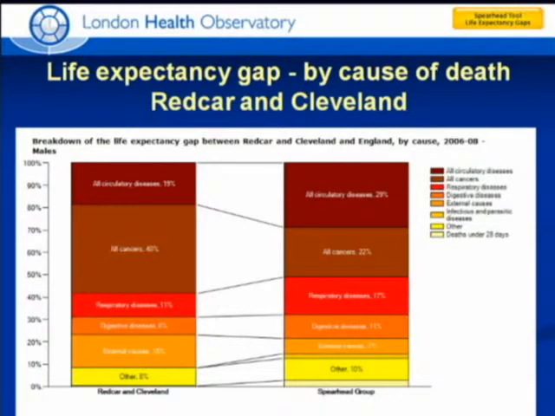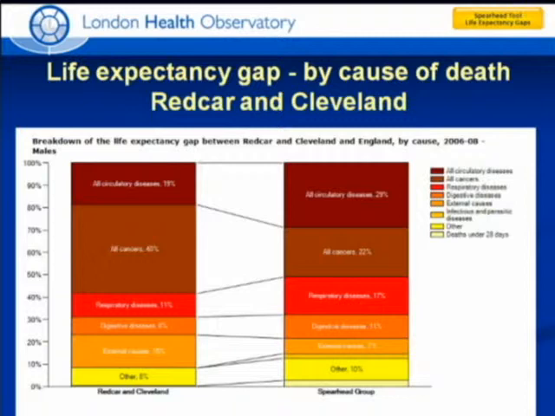So the other thing it does is break down the causes of death that are contributing to the gap. So this is Redcar and Cleveland. It's another local authority in England. And basically what these charts do is break down the gap in life expectancy by cause of death. And we worked this out by substituting.